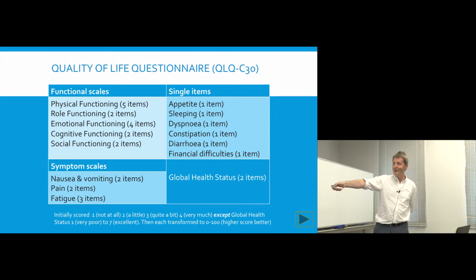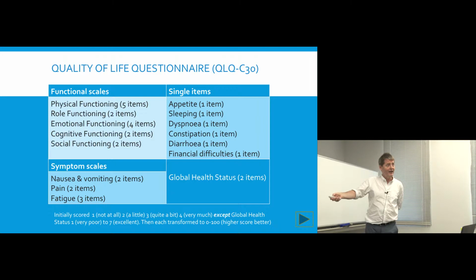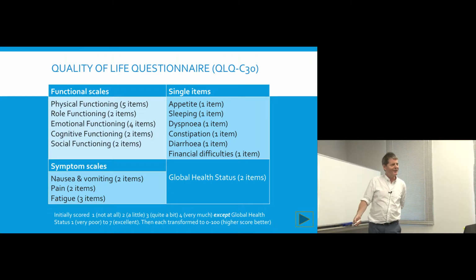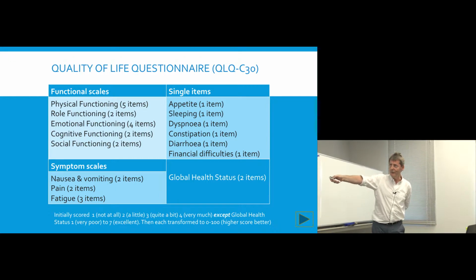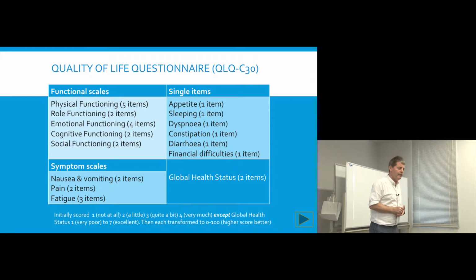One that always puzzles me slightly is financial difficulties. It sort of stands out like a sore thumb among all the rest. There's also two questions about general health, which is also slightly odd. You've gone through all these, presumably because you think it's something to do with health, and then you ask about general health. But anyway, that's QLQ-C30, really quite widely used.